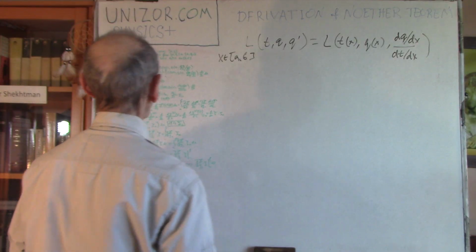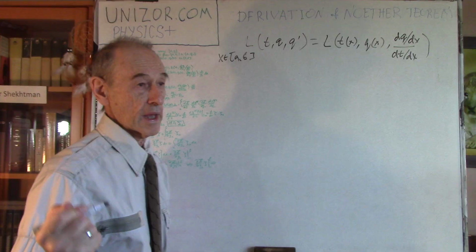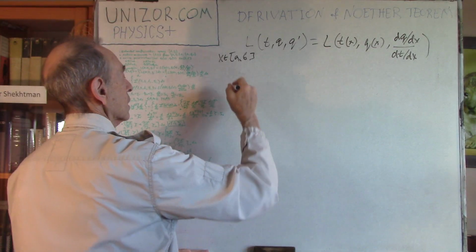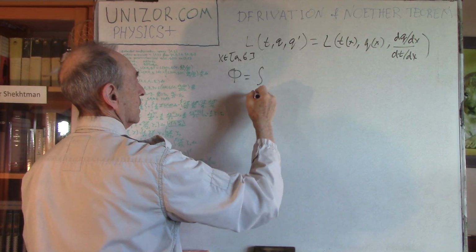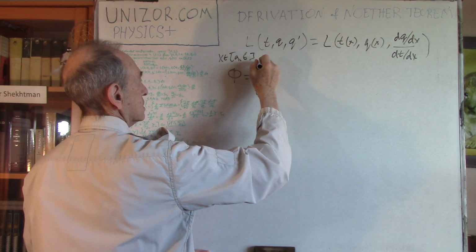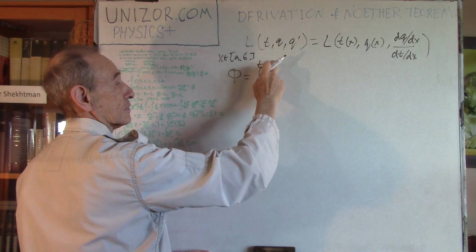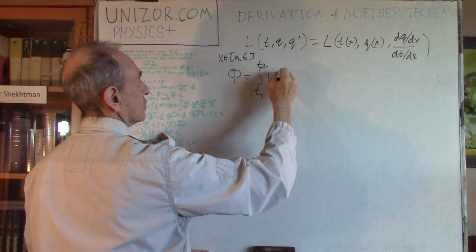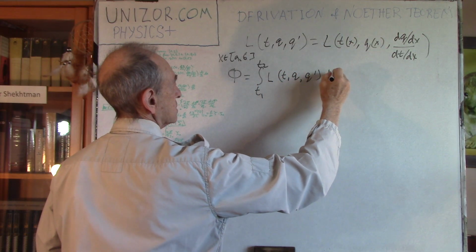And I'll explain why. Next, after the Lagrangian, we have the action functional. The action functional is defined as the integral from t1 to t2, the time of the beginning and the time of the end of the motion, of the Lagrangian of t, q, and q prime dt.